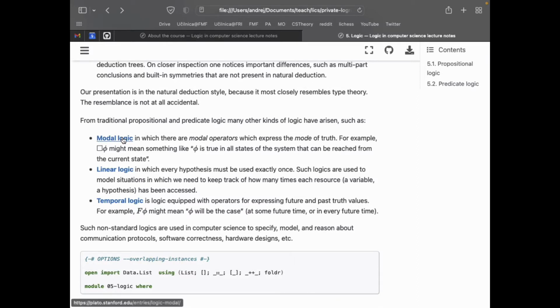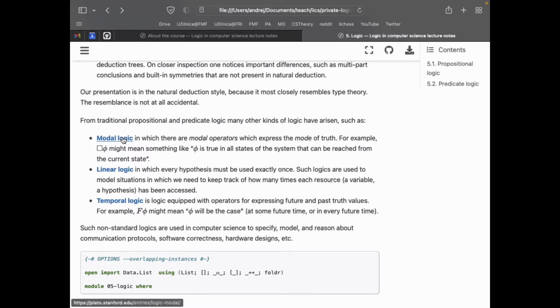In modal logics, you have the so-called modal operators. One of them is the box, where you say box phi. And this can mean various things. It can mean something like phi is not only true now, but it will be true in all states that we can ever reach in the future.